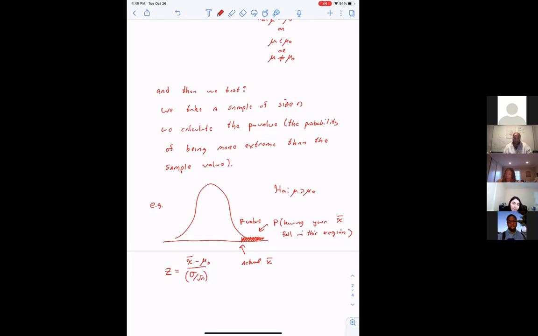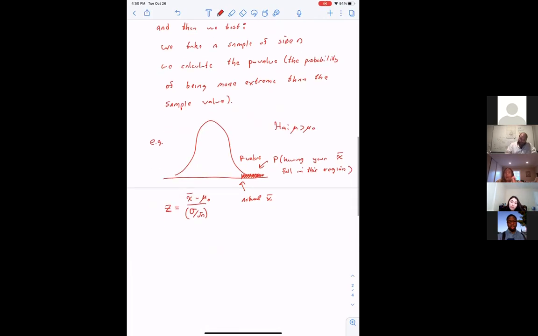Well, if I don't know sigma, how do I compute that? Do you replace the sigma with something else? Yes, with the sample. So when you don't know sigma, t equals x bar minus mu naught over s over the square root of n.